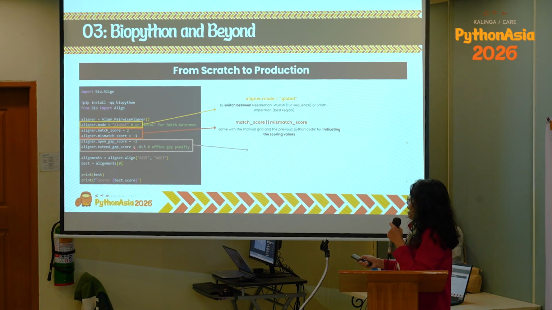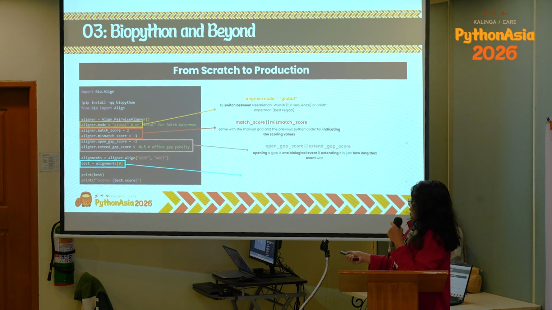In this case, we have two gap scores, because earlier I only told you about one gap score that we use, right? The -2. For this case, we have two gap scores, the -2 and -0.5. They are called affine gap penalty. Later, I will be talking about what that means.